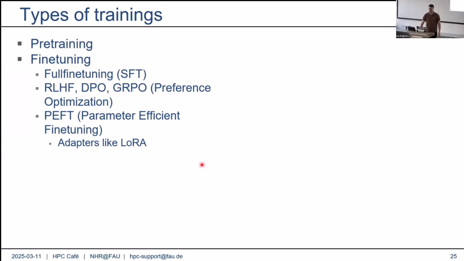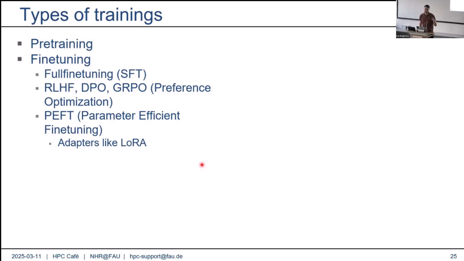But there are also ways of fine-tuning a model, which is using a foundation model, which already has been pre-trained, and further fine-tuning it. So for fine-tuning, we generally have full fine-tuning on an instruction data set, but you could also do an extended pre-training. A full fine-tune needs the whole model, of course, so it's a little bit challenging.